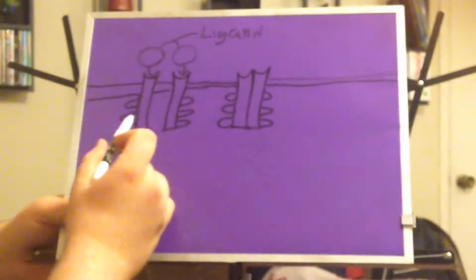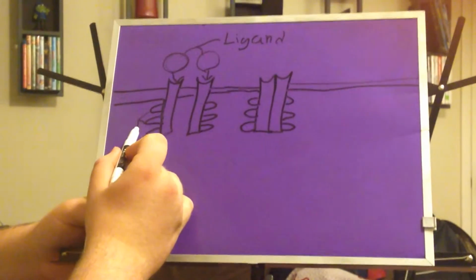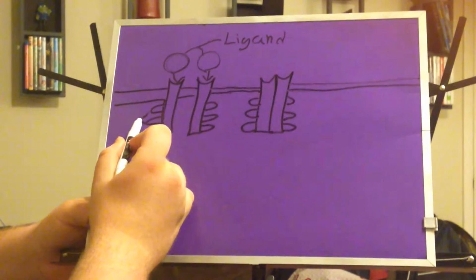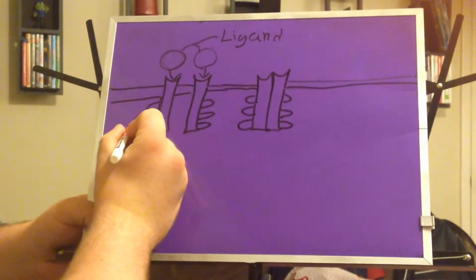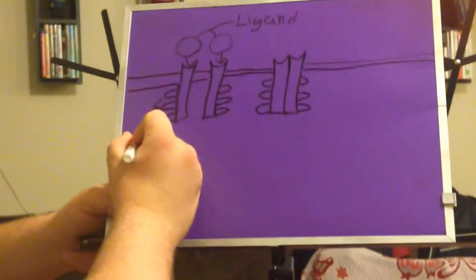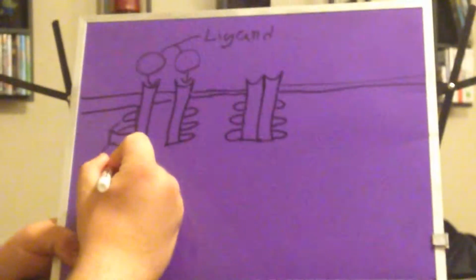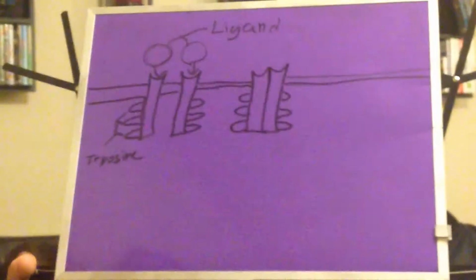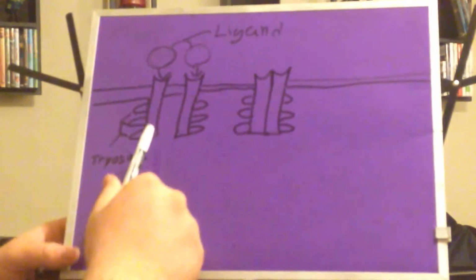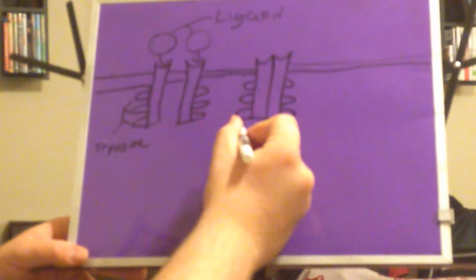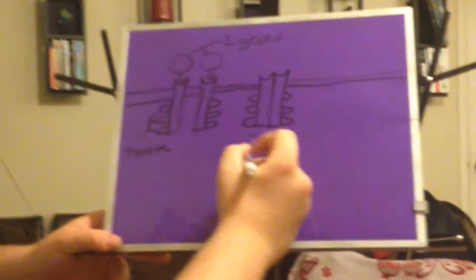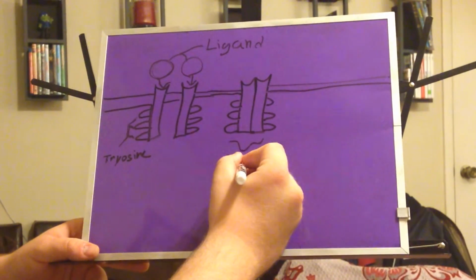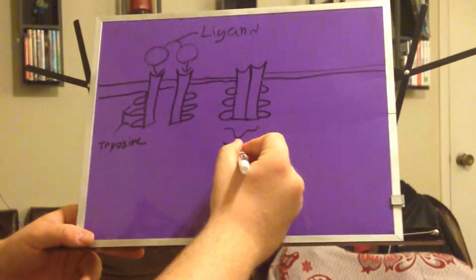And as you notice, these receptors have these little attachments on them, which are called tyrosine. And what happens when these ligands connect themselves to the receptors, they will come together and form what we call a dimer.